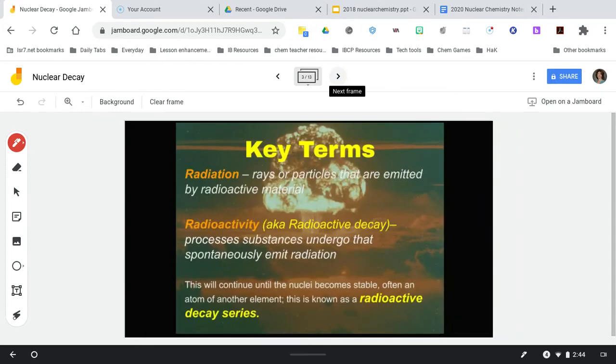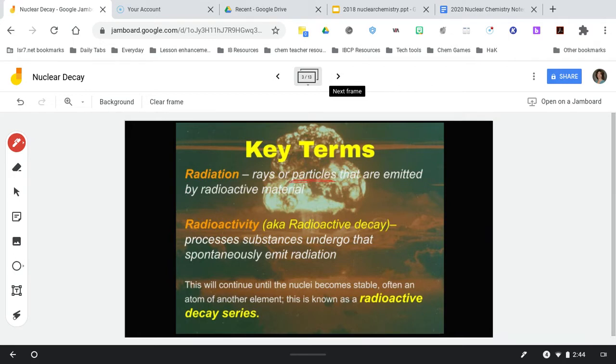Okay, let's start talking about a few key terms that you need to be able to define. We're going to look at radiation and radioactivity, which are very similar in the way they sound, and they're similar because they're related to the same thing, but they're not the same thing. Radiation are the particles that are emitted.